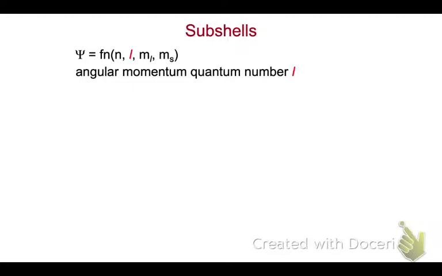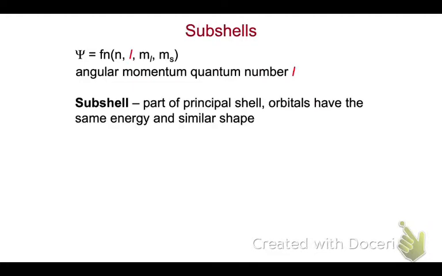Within every principal shell, there are subshells, and that's the quantum number L, which we call the angular momentum quantum number. The subshell is part of the principal shell. Orbitals in a subshell have the same energy and similar shape.